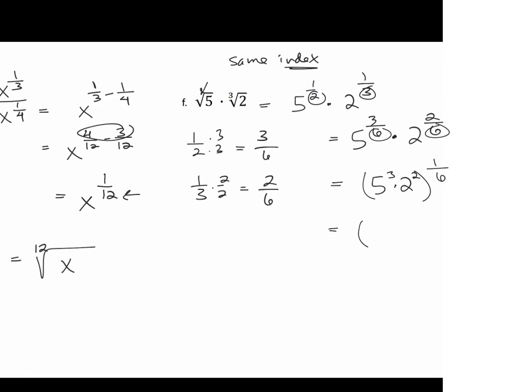So 5 to the 3rd is 125 and 2 squared is 4. And 125 times 4 is 500 to the 1/6. So now I just need that single radical. So the denominator is the index and the radicand is 500.